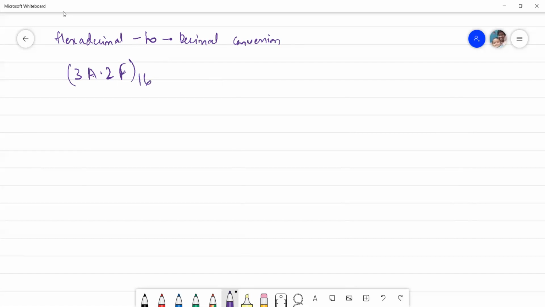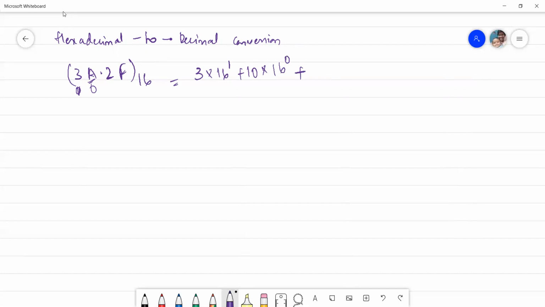It is a weighted system only. 3 into 16 to the power of 1, plus A, which means 10, into 16 to the power of 0.